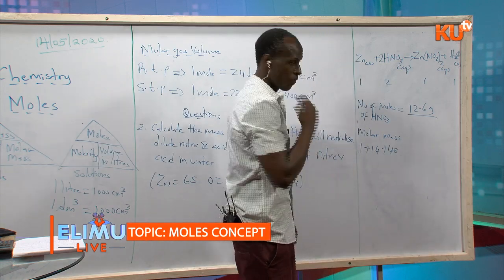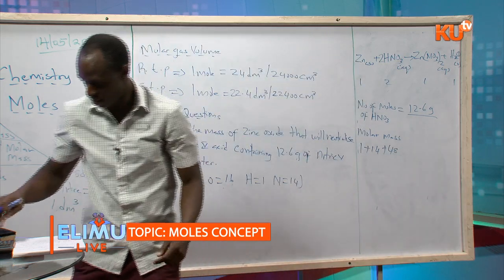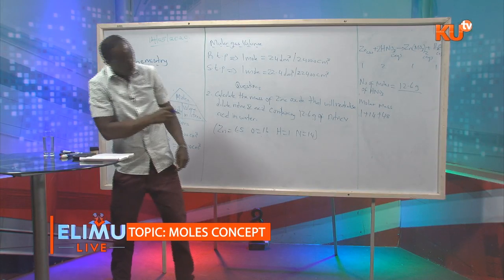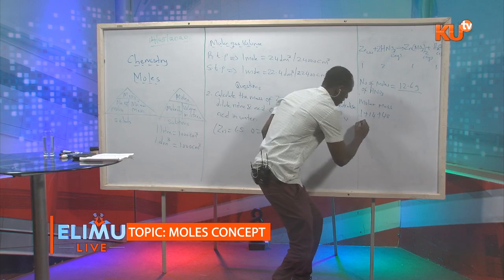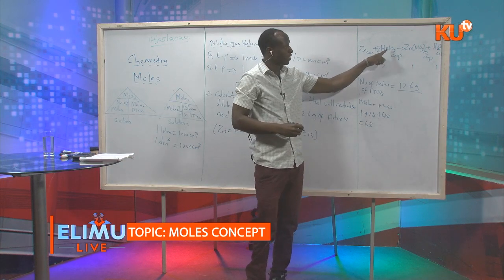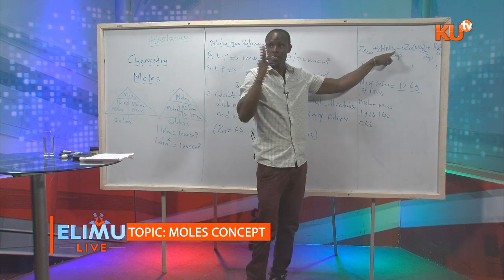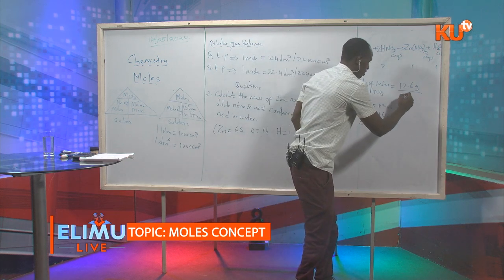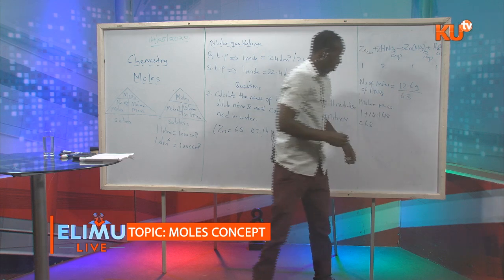That gives 15 plus 48, which is 63. So the molar mass is 63, and the number of moles will be 12.6 divided by 63.